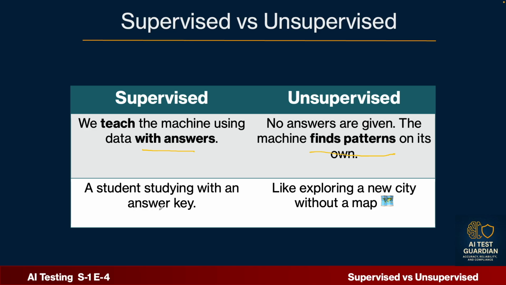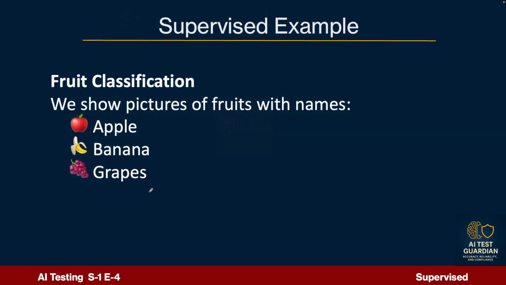Whereas supervised is where a student is studying with an answer key. Let's deep dive further. This is an example of supervised machine learning, where we are taking a fruits example. This picture says this is apple, this is banana, this is grapes, and we give it to the machine learning model.